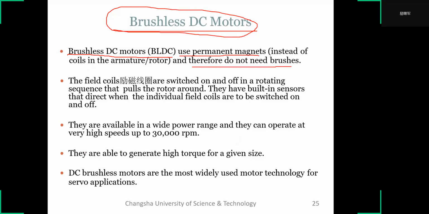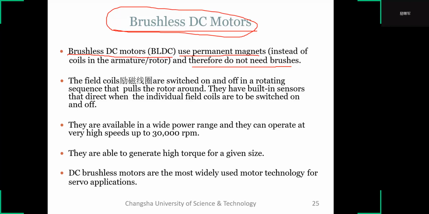The field coils are switched on and off in a rotating sequence that pulls the rotor around.